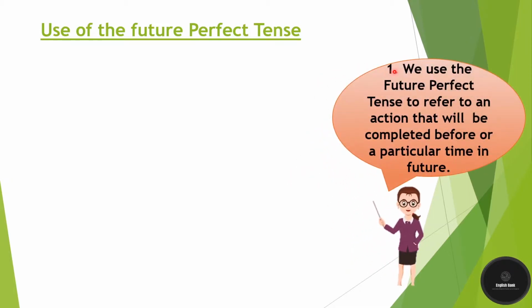We can use the future perfect tense in two ways. We use the future perfect tense to refer to an action that will be completed before a particular time in future. Look at this timeline.